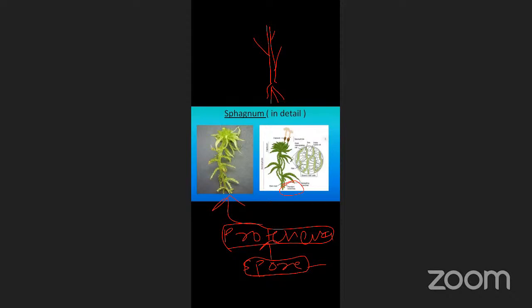The divergent branches grow out laterally from the stem and extend outward in a horizontal position, like this. These are divergent branches. And drooping branches grow out laterally from the stem and hang.